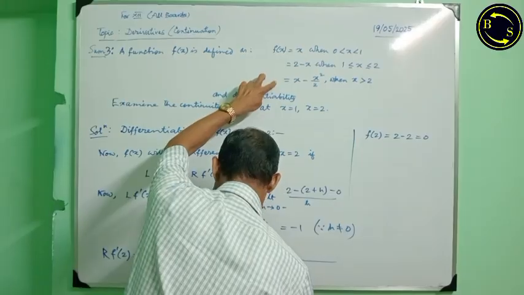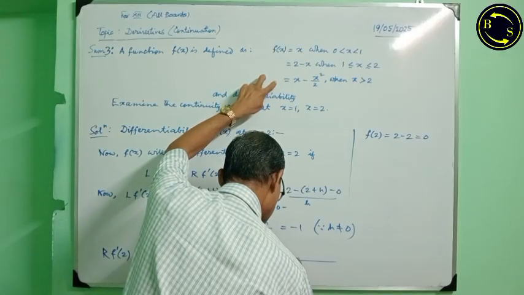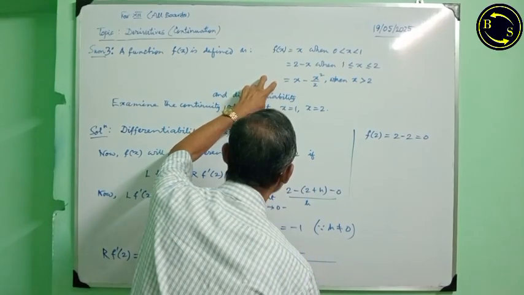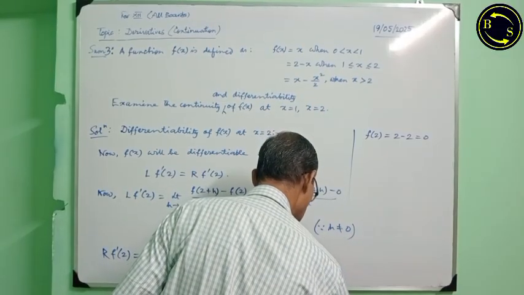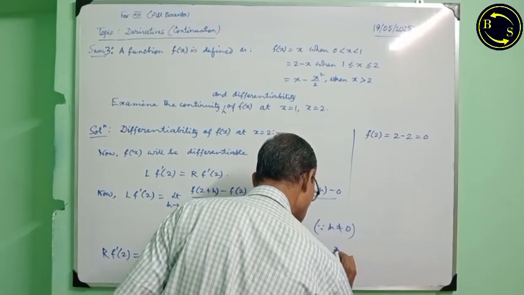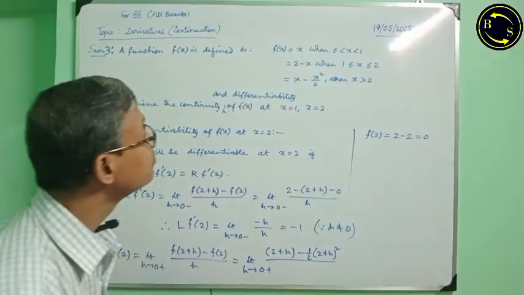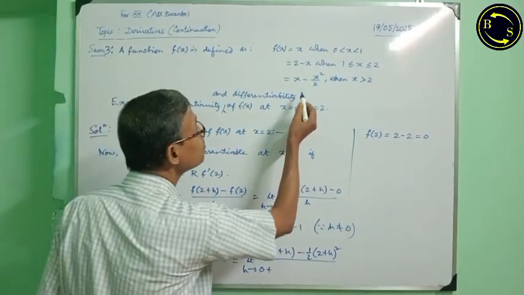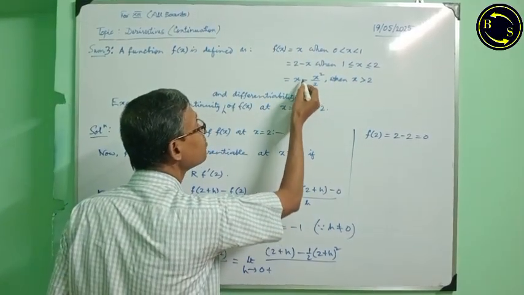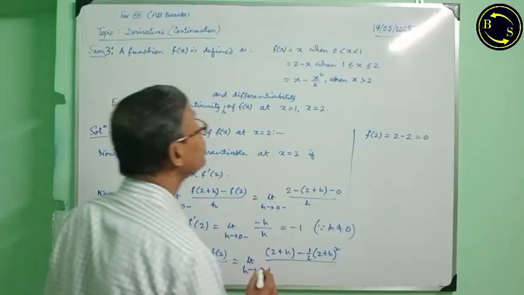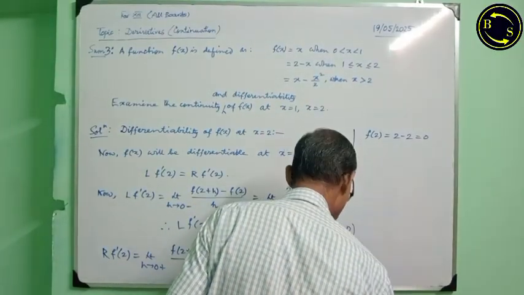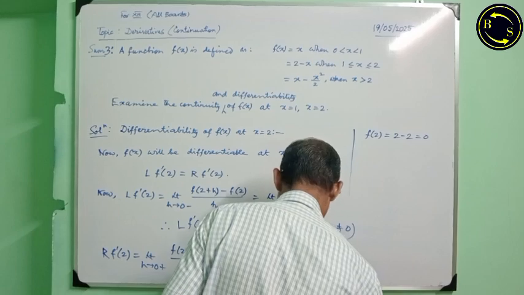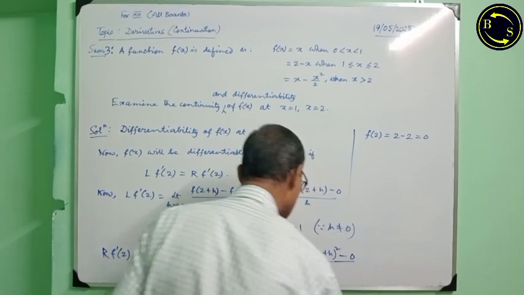from here, 2 plus h minus half (2 plus h) whole square. I have substituted 2 plus h in place of x. This minus f2, already we have got f2 equal to 0, by h.